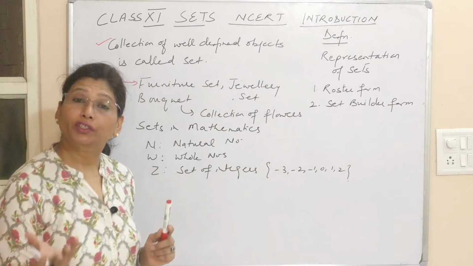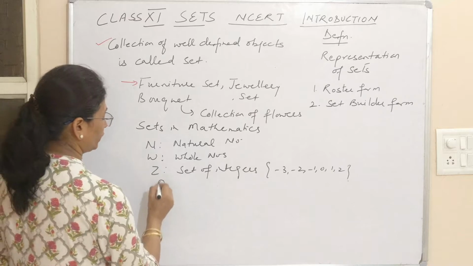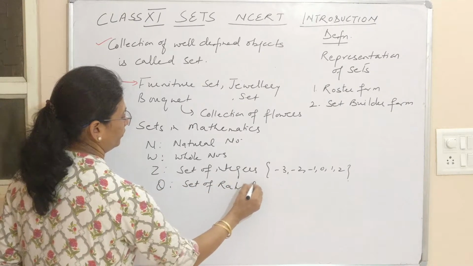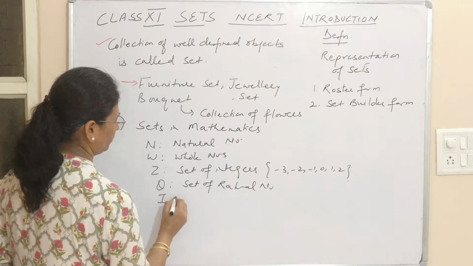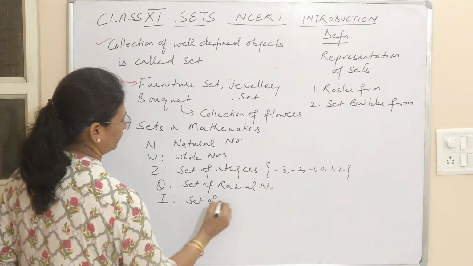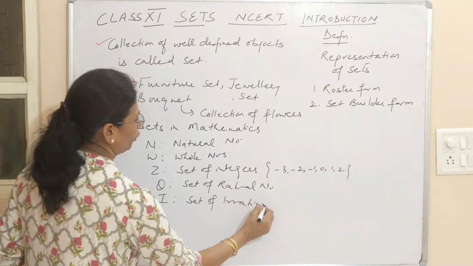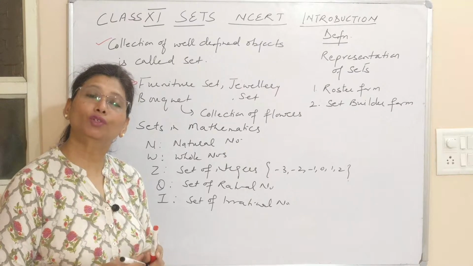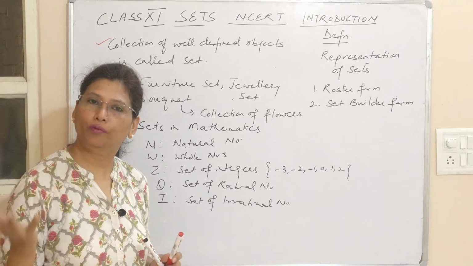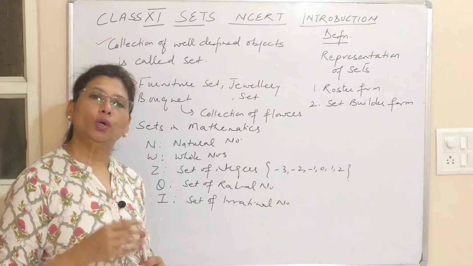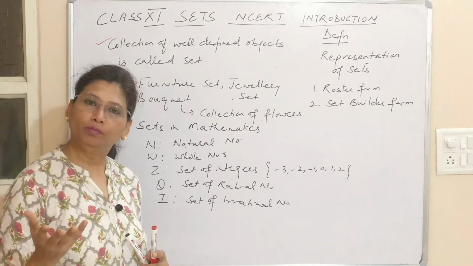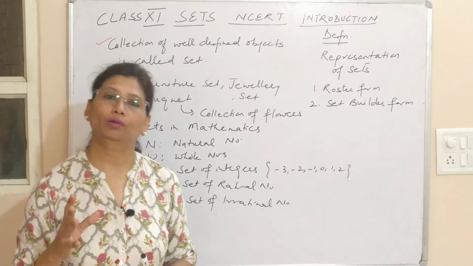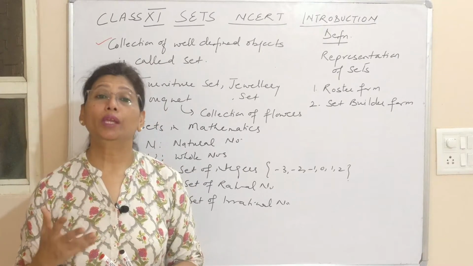We have the set of rational numbers, the set of irrational numbers. In each set we keep numbers of the same kind, natural numbers 1, 2, 3, 4, and the same way rational and irrational numbers, which belong to the same particular set.